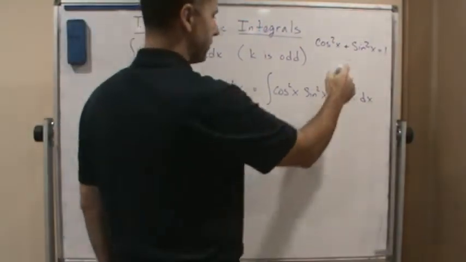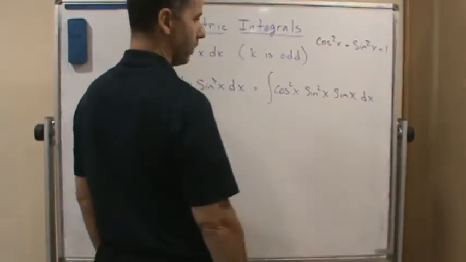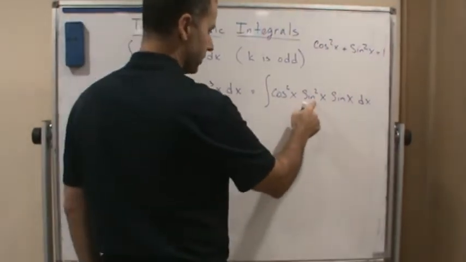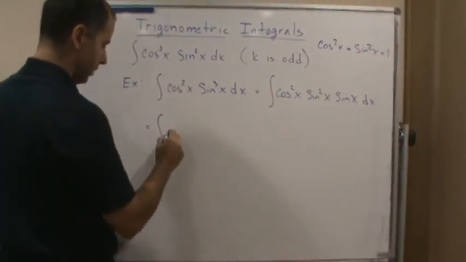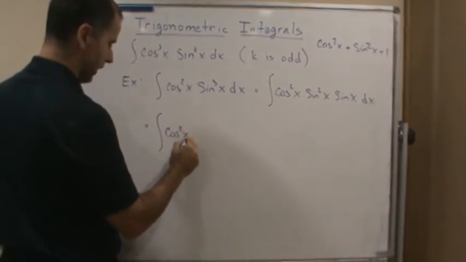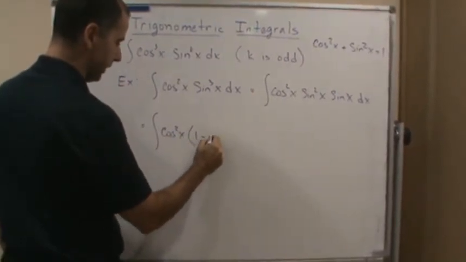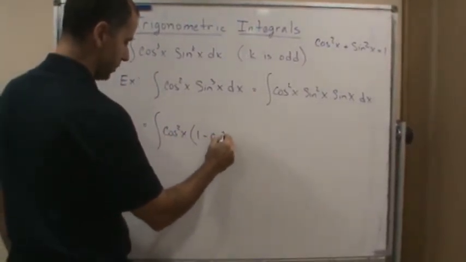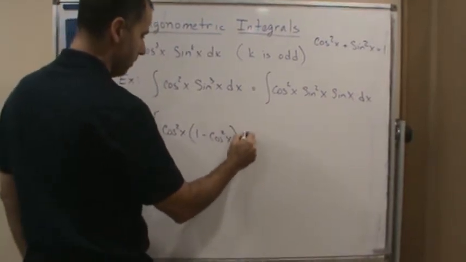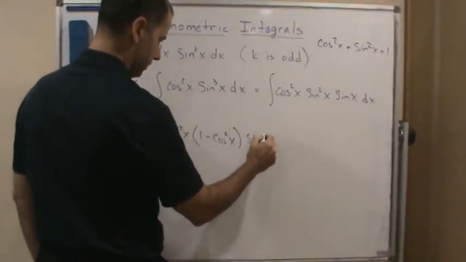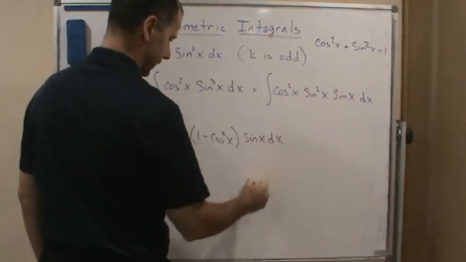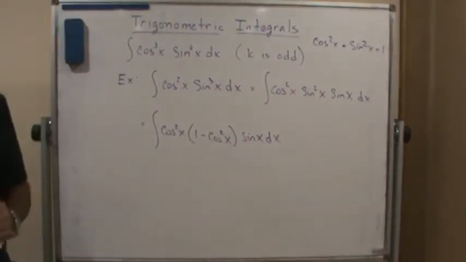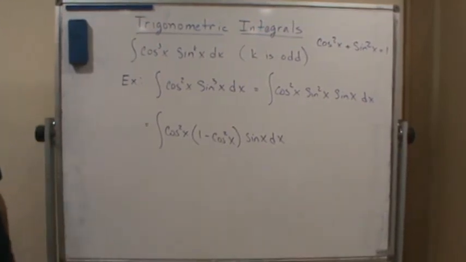By solving for sine squared x, I can do a substitution here. So this is going to equal cosine squared x times 1 minus cosine squared x times sine x dx.